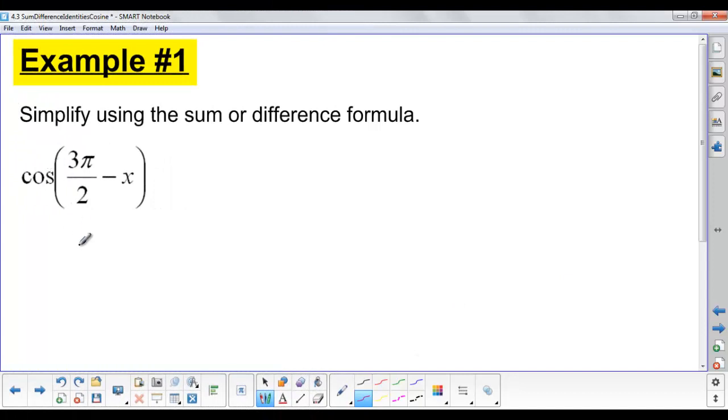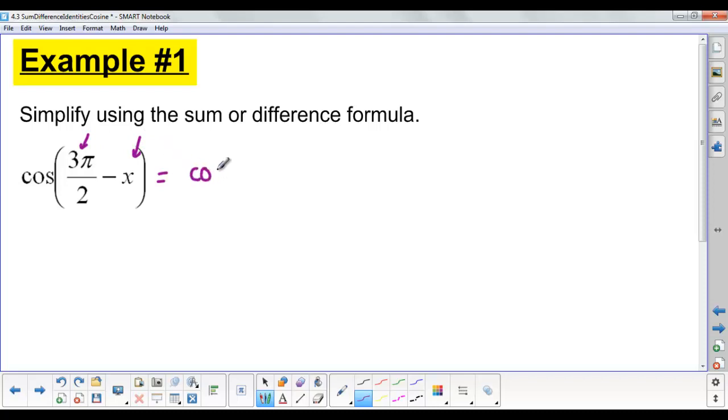In this example here, we have cosine of some argument. Inside the argument we have two terms that are being subtracted. So we're going to use the difference identity. Here's the first and here's the second.